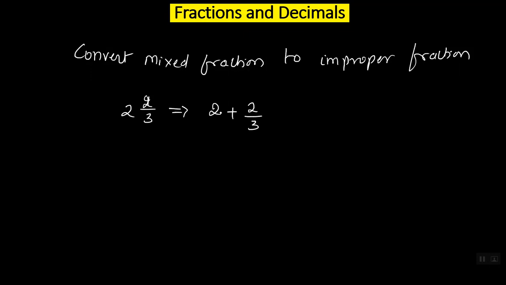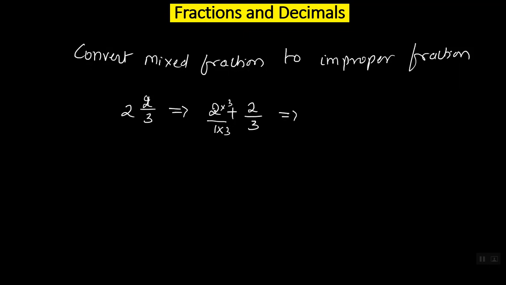Now what is the denominator of these two? For 2 it is always 1, any number is divisible by 1, right? The denominator here is 1. So I have to make the denominator here also 3, because here it is 3. So what should I do now? You have to multiply the denominator by 3, and also multiply the numerator by 3.